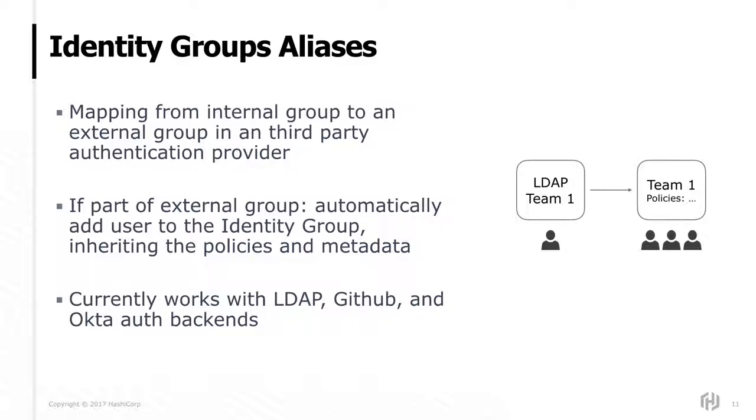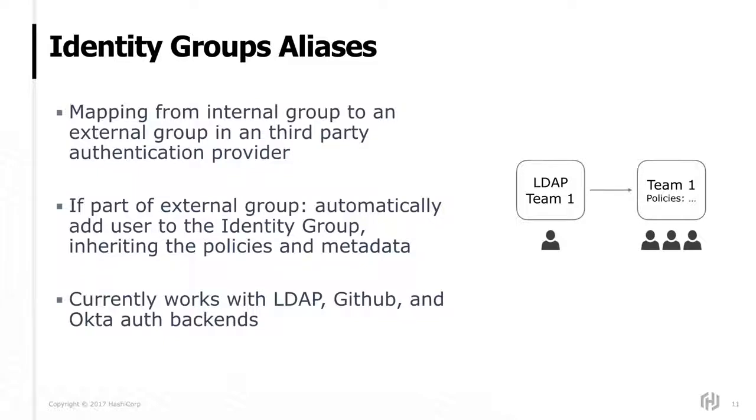So there are also group aliases. And a group alias is a mapping from an internal group within Vault, so for example, Team 1, to an external group from a third-party authentication provider. So for instance, we can say in LDAP, where we have our group structure already set up, if you're a member of Team 1 in LDAP, you automatically become a member of Team 1 within Vault.